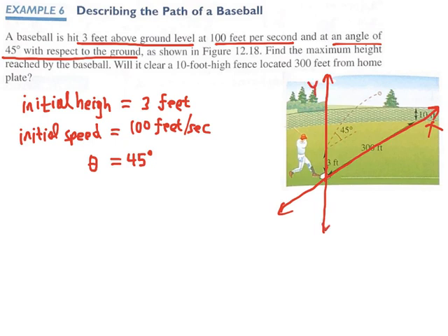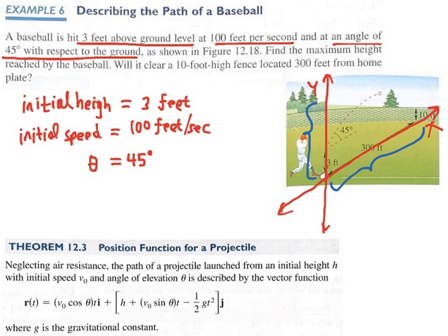So if you look at the x-coordinate of the position of the baseball, it will tell us how far the ball has traveled horizontally from where it was hit. And if you look at the y component of the baseball's position, it will tell us the height of the baseball above the field at a particular time.